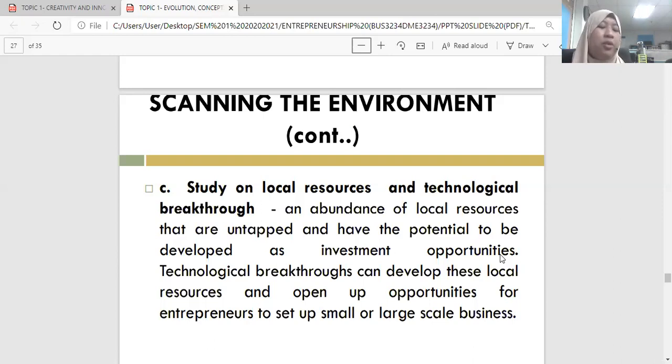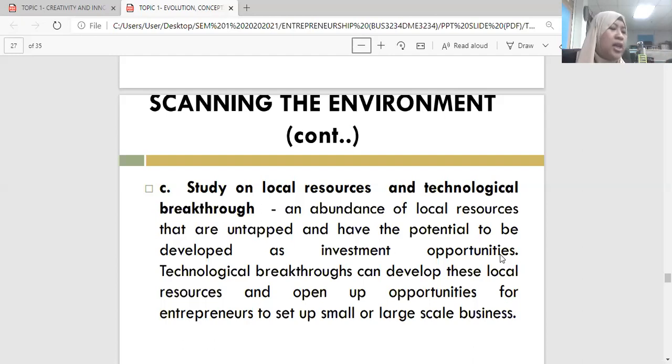The reason Tun Mahathir opened up this location is that the majority of the people there needed jobs. Proton City is manufacturing, producing the Proton automobile, and it gives job opportunities around that.